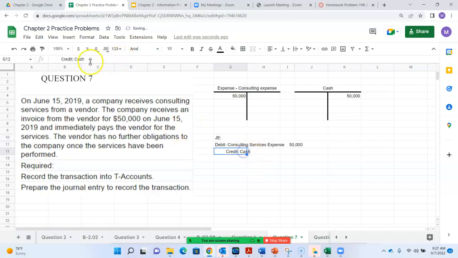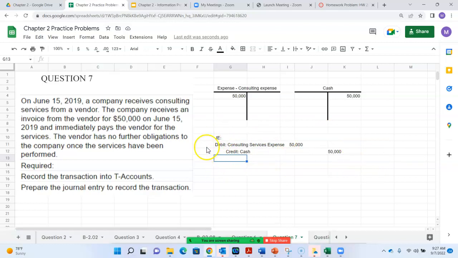And our credit is cash, the same amount. And this needs to go past, because this credit is indented a little bit. Typically, the corresponding amount also needs to go past this debit amount. So this is the format of a journal entry.